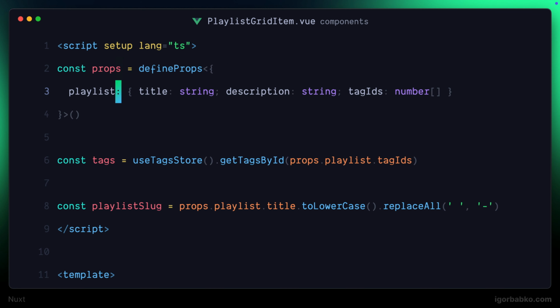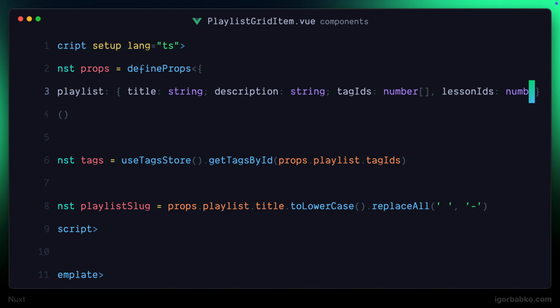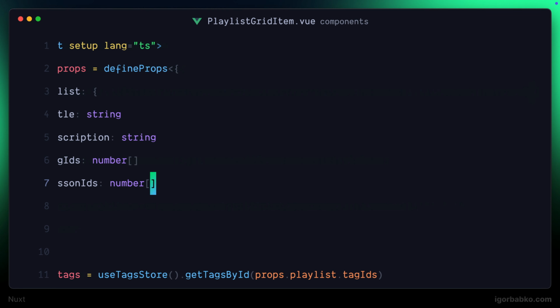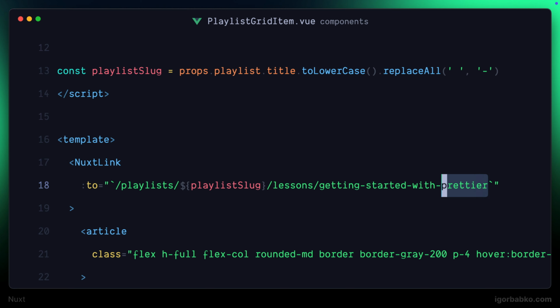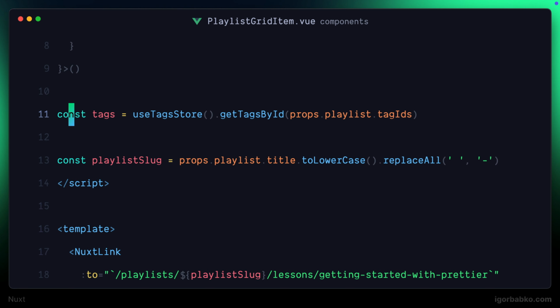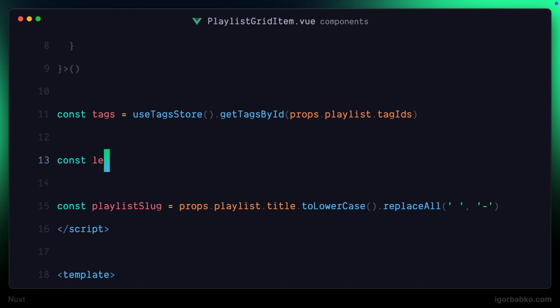And before going further, let's also modify this playlist type, because now each playlist object also contains lesson identifiers as an array of numbers. So instead of hard-coding the lesson slug inside this link, I'm going to fetch the particular lesson from the store. Let's call useLessonStore to get the store object.